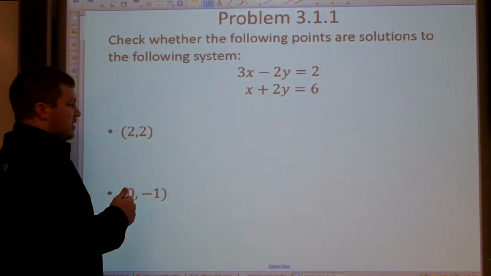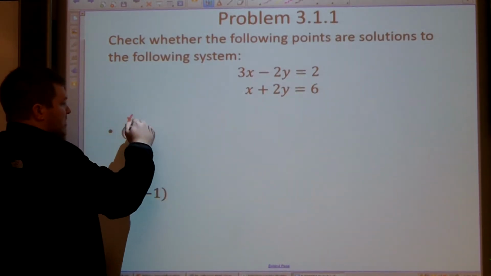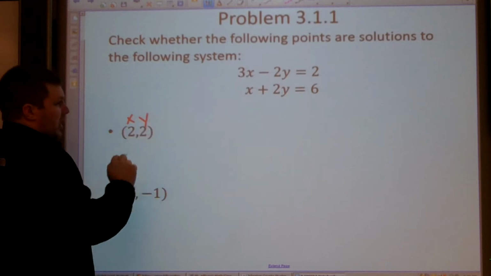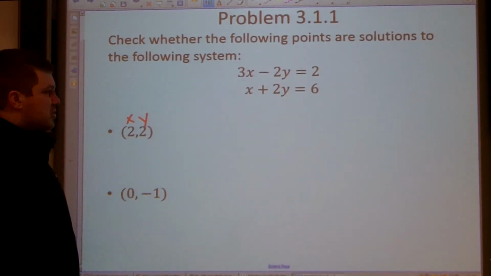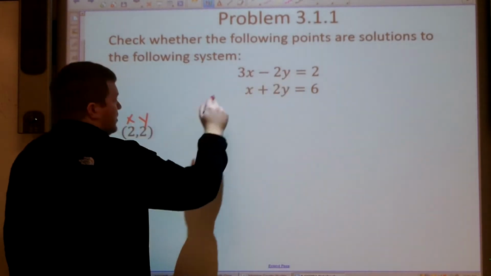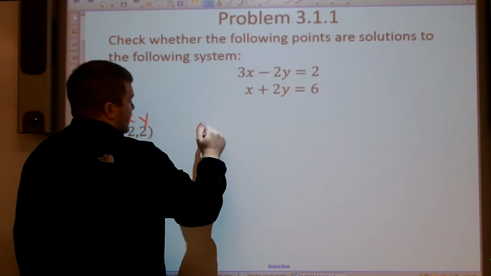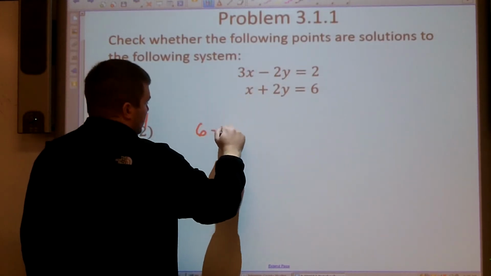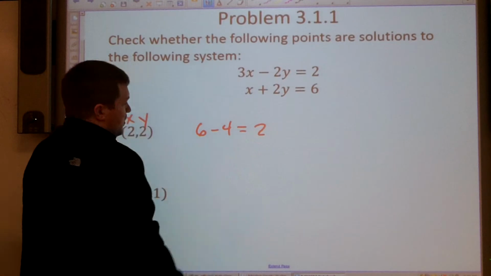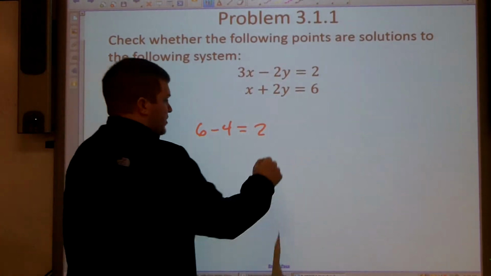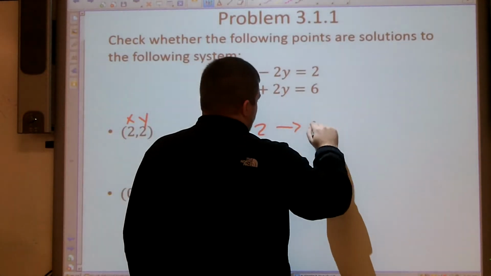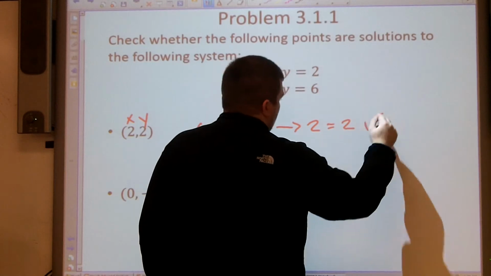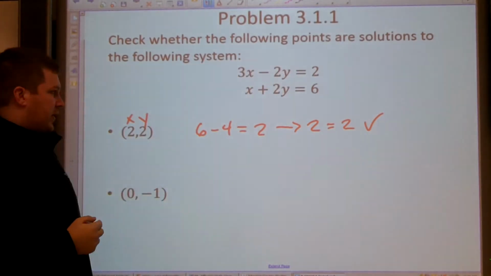So the first ordered pair is 2, 2. Everywhere I see an x, and everywhere I see a y, I'm going to put in a 2 for both equations. So I'm going to test the top one. So we have 3 times 2, which is 6, minus 2 times 2, which is 4, and that's supposed to be equal to positive 2. Well, simplifying down, we find that we do have 2 is equal to 2, so the first equation is satisfied.